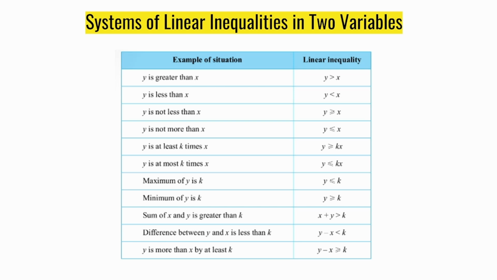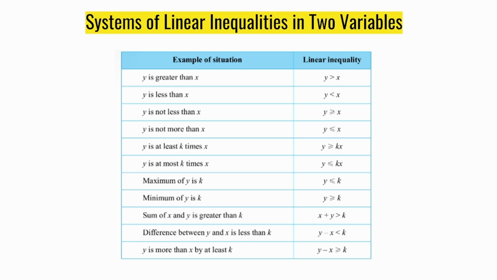So as seen in the first line here, you will have y right arrow x. If y is less than x, you would write y left arrow x, whereby x is bigger than y. Y is not less than x, you would put y right arrow with a dash on the bottom, x. Y is not more than x, you would have y left arrow line on the bottom, x, etc.